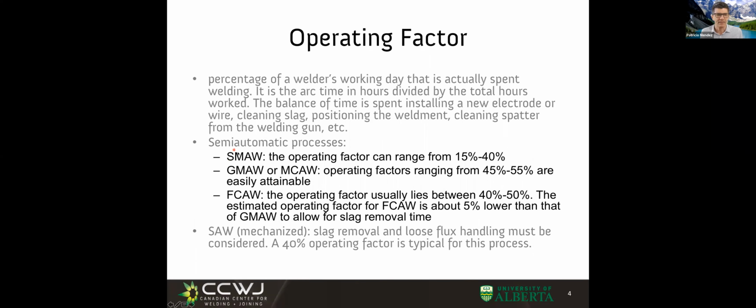In stick welding, you would be welding 15 to 40% of the time. MIG is higher, and flux core is higher because you don't need to stop and change the electrode. That difference alone, not having to stop and change the electrode, is the reason we're having this class, because people still rely very heavily on stick electrode in this province.